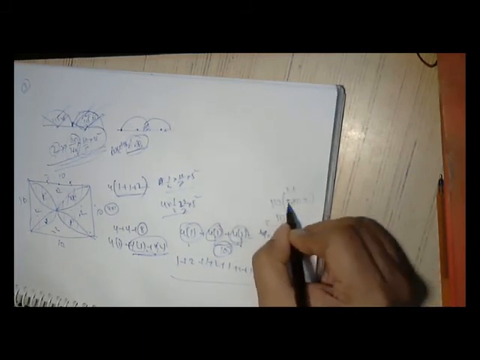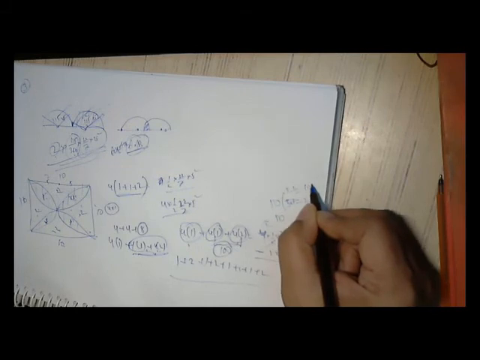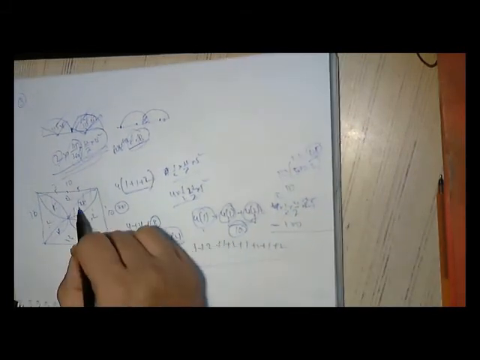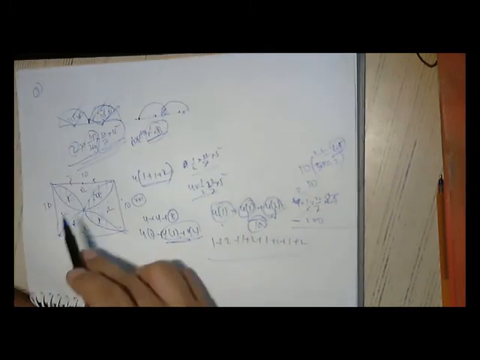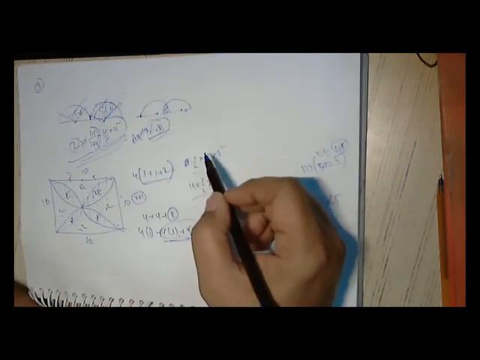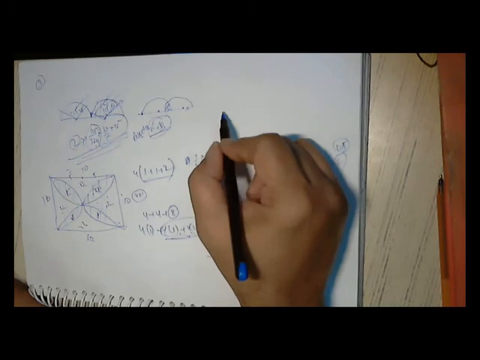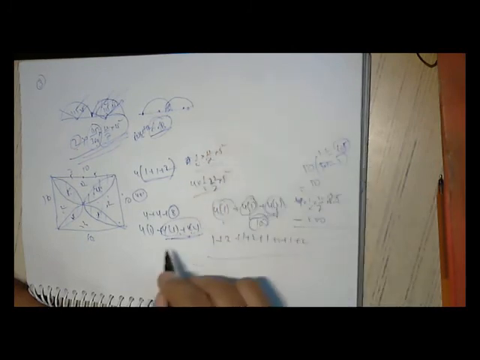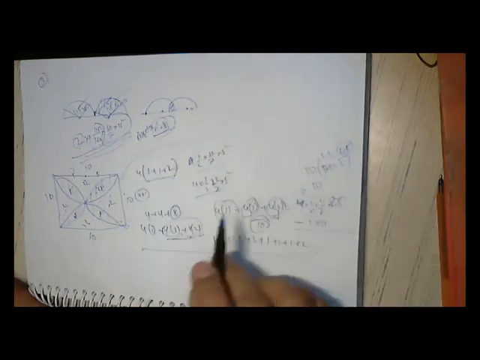So 2.1 into 50 is around 105. So this is the area of this shaded picture. This is one method.